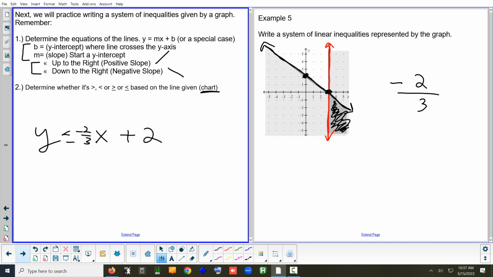And now the red line is a special case. Even though it's a special case, that one's actually easier. Is it vertical or horizontal? Yeah. Vertical. And what letter is always by itself on the left for vertical? X. Now, what number does the vertical line go through?